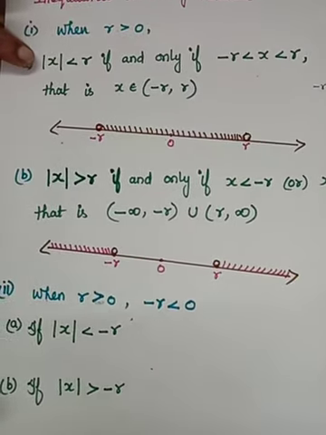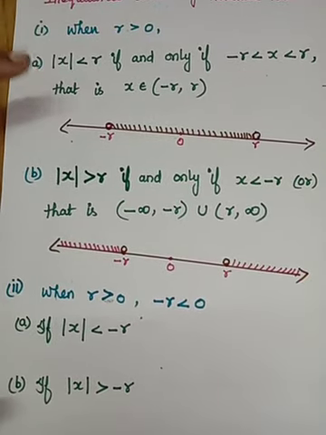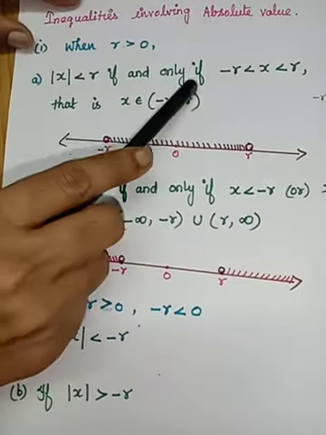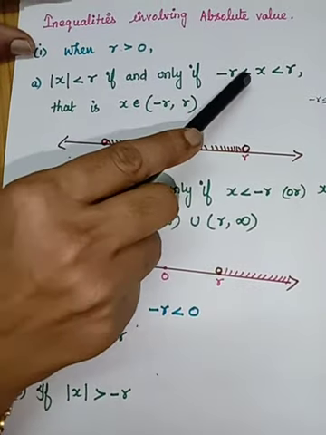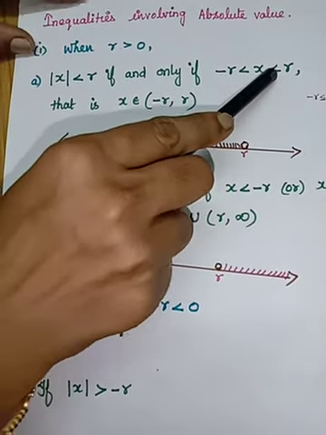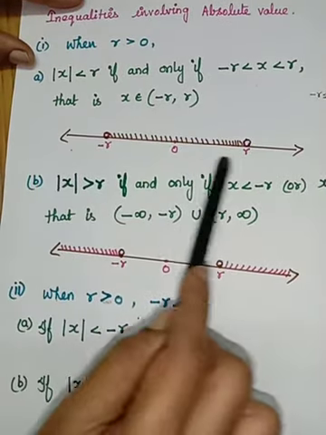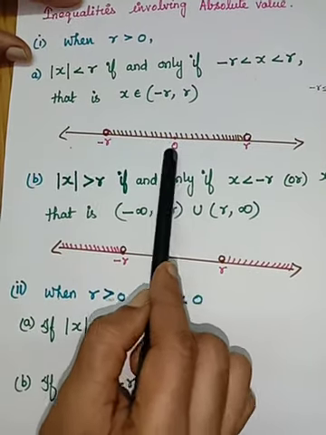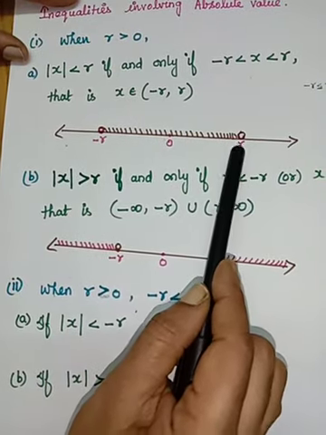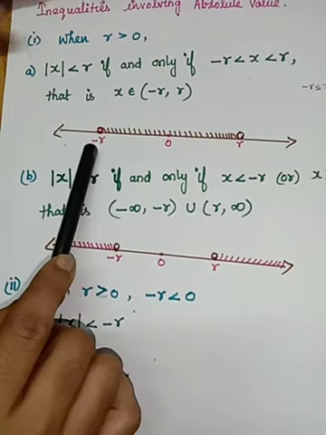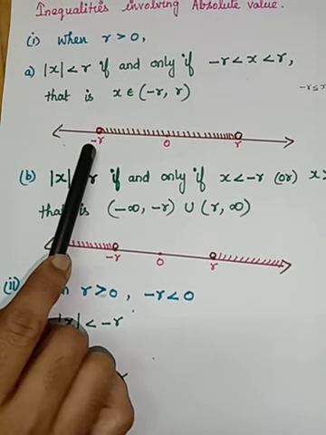Again, I am repeating, modulus of x less than r if and only if minus r less than x less than r. Okay, see now, see the number line. I have marked this is 0. The positive real numbers are marked on the right side of 0 and the negative real numbers are marked on the left side of 0.